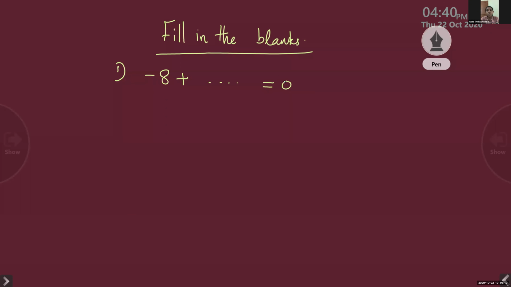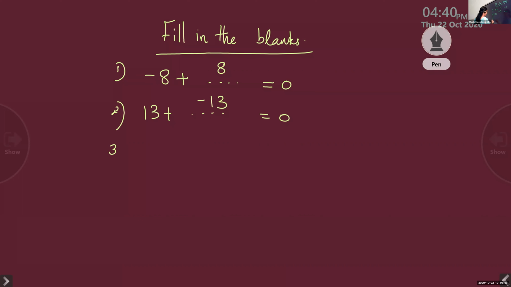Positive. Very good. Answer is positive 8. And the second one, 13 plus dash equal to 0. Negative 13. Okay. Negative 13.